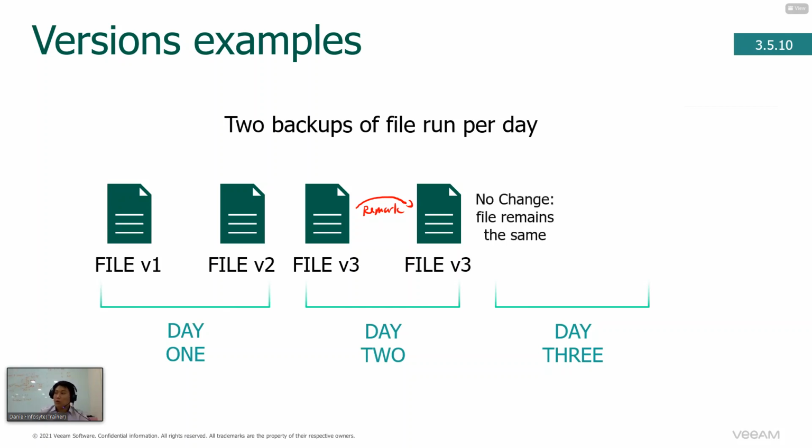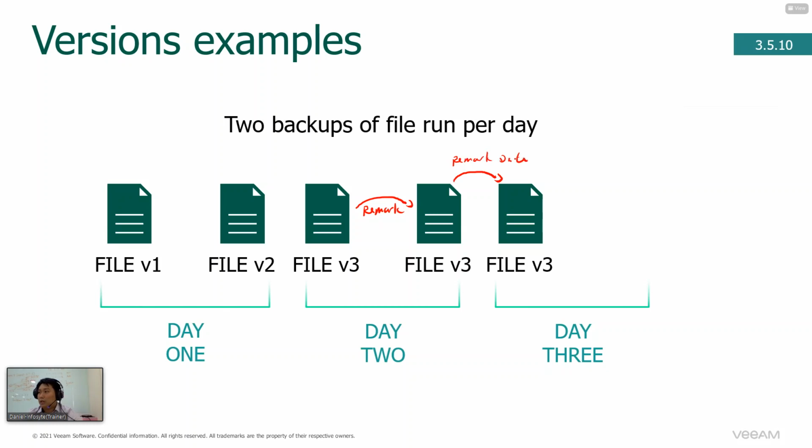And then day 3, similar case: if no changes still happen to the same file, I will remark the same file in my repository to be the latest state data. So file version 3 will not expire earlier, because it is considered the latest backup data.